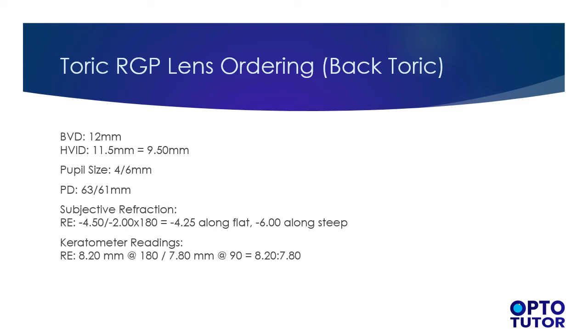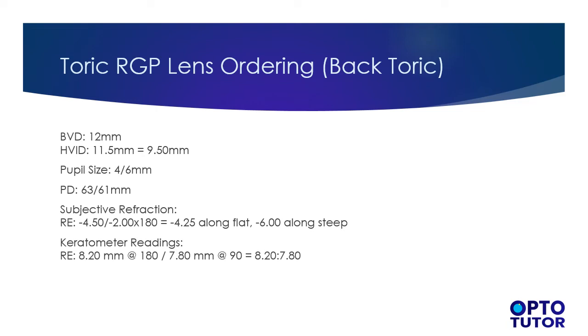So for the back toric lens, we're going to be calculating our total diameter based on the HVID in the same way. It's going to be 2 millimeters, or about a 1.5 millimeter less than our HVID. So that works out to being about a 9.5 millimeter. With the subjective prescription that we've got, with the spectacle prescription, once we convert it and take into account the BVD, we know that we have to specify our two powers along the two different meridians.